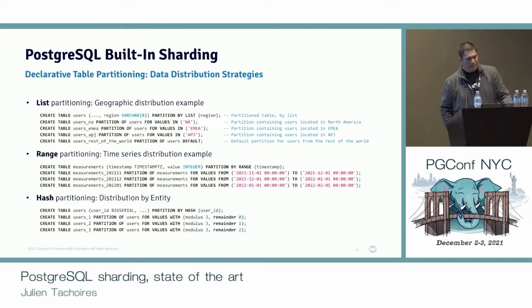So in this case, the partitioning key value is hashed, then a modulo operation is calculated based on the hash value and the number of partitions. So if the remainder is 0, then the data will be located on partition 1. If the remainder is 1, then the data will be located on partition 2, and so on.